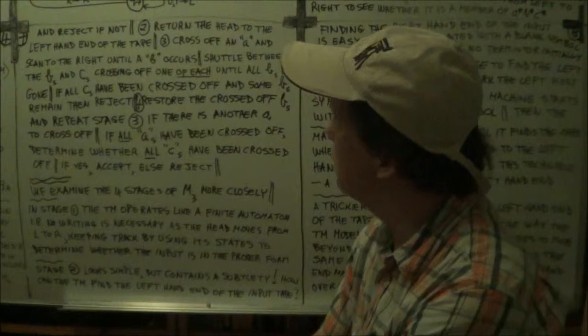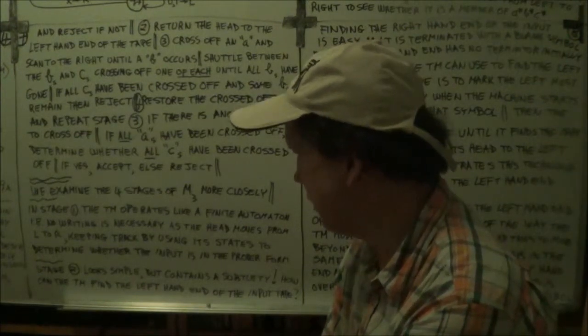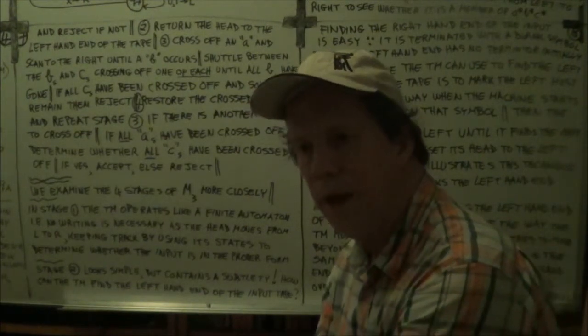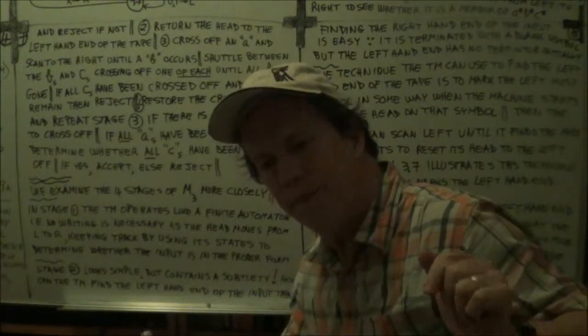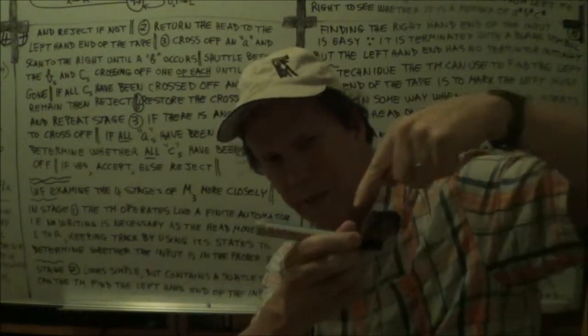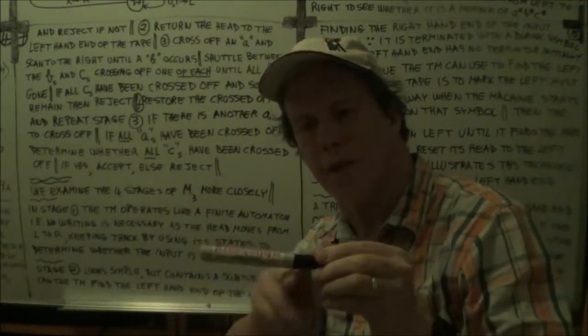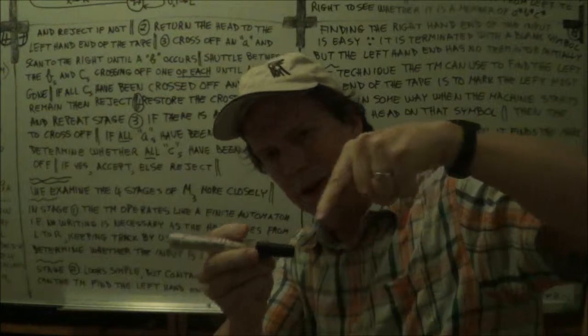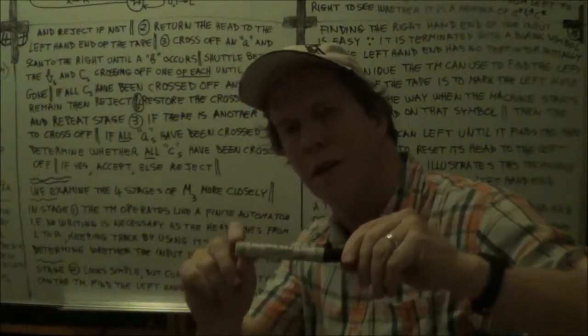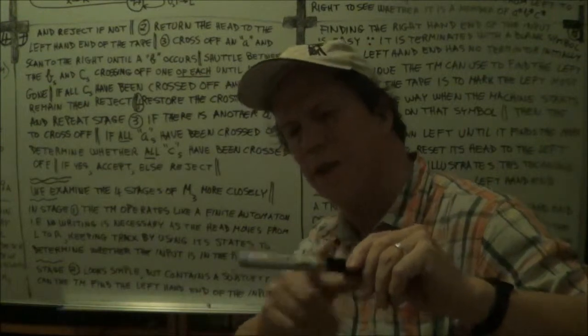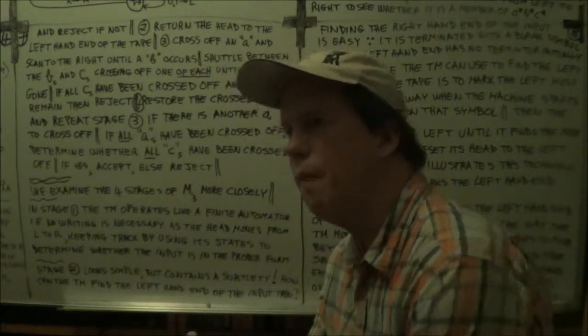Okay, stage two. There's a subtlety. How do you know when the header is coming back? So this is the block of A's. So it's coming back. How do you know? How does the machine know it's at the end of this block of A's?